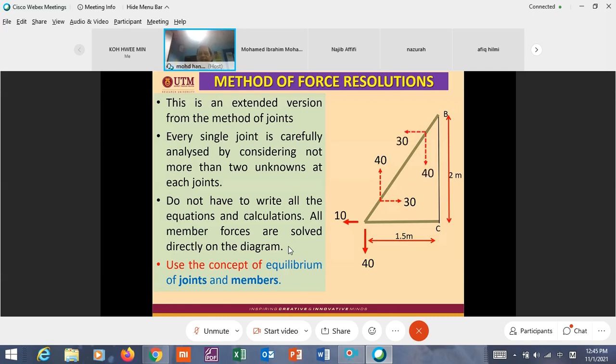Then 30 and 40. You can check the resultant of this 30 and 40. It will coincide or be collinear with the member. And next, here.